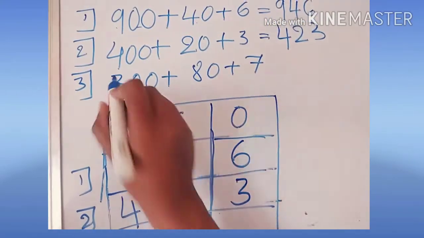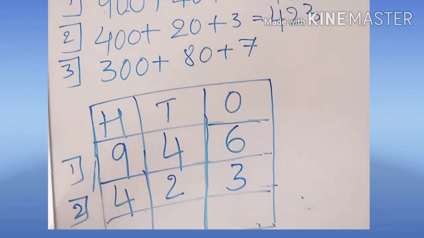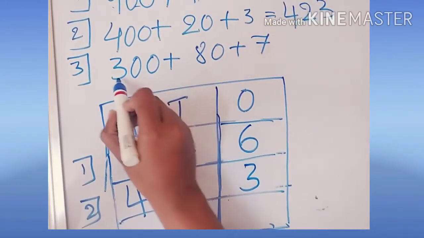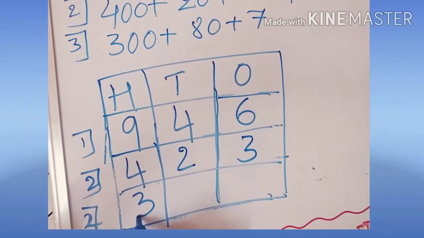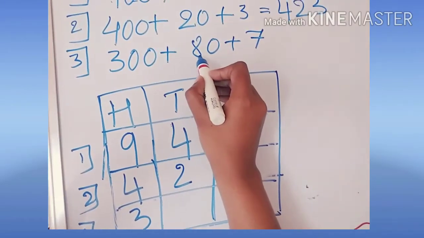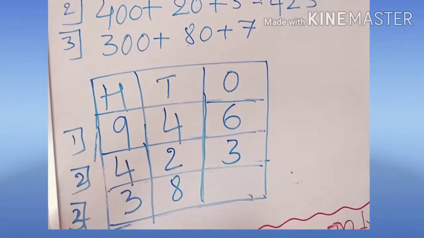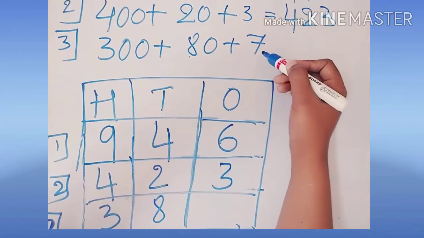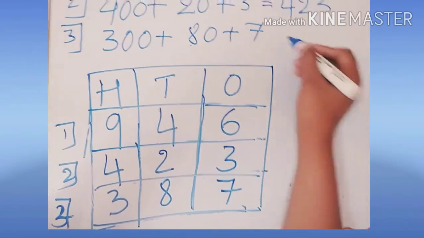Understood? And let's see the third example. 387. How many hundreds are here? 300. So I will write here 3 on 100 place. And how many tens are here? 80 means 8 tens. I will write here 8 on tens place. And here 7 ones are there. So I will write here 7 on ones place.